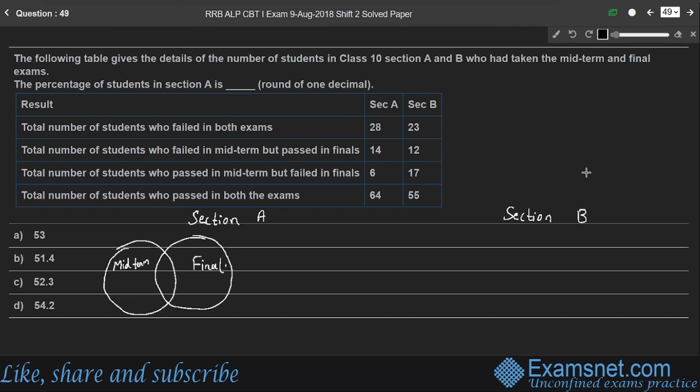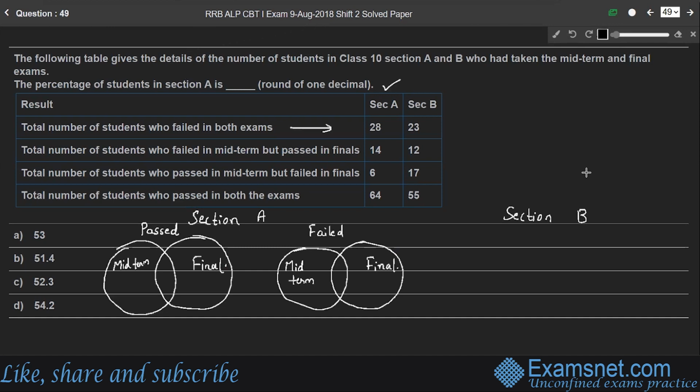Therefore, we have two cases. In the first case, we'll consider the number of students passed and the number of students failed in midterm and final examinations. So two sets, midterm and finals. Let us consider only section A first.